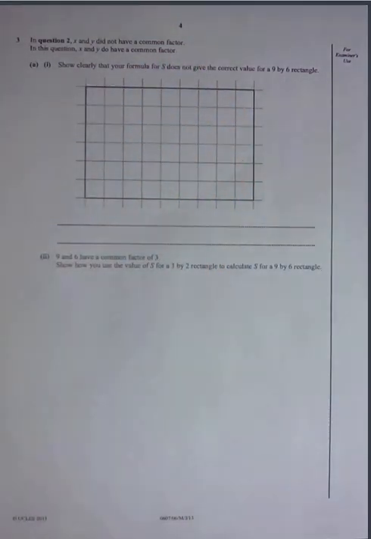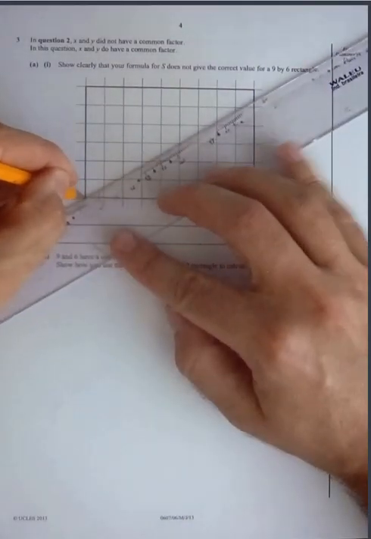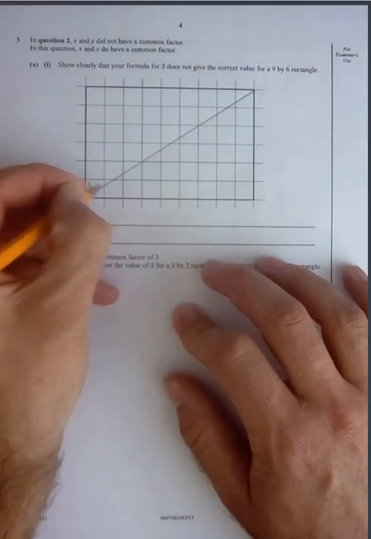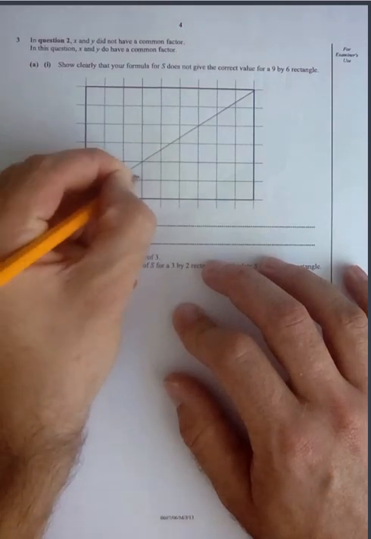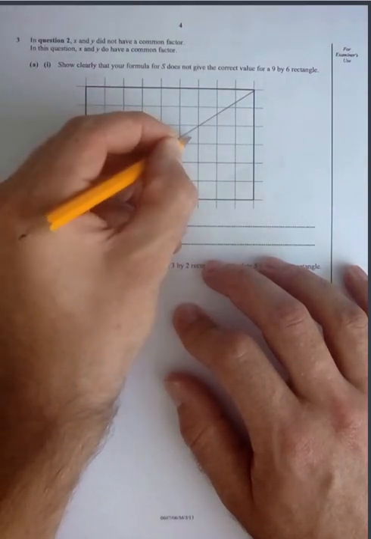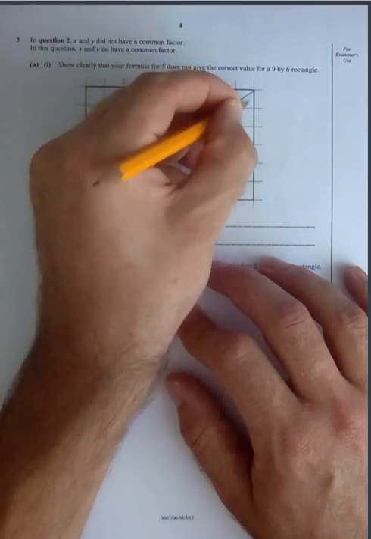So we'll just do the same thing as before, and we're hoping it's not going to work. Draw the diagonal. Count the squares in the same way. 1, 2, 3, 4, 5, 6, 7, 8, 9, 10, 11, and 12.